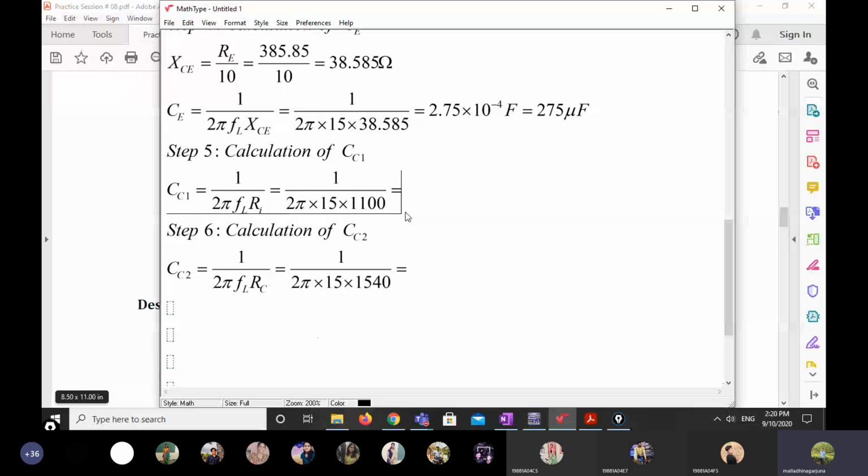CC1 and CC2. 8.9 into 10 to the power minus 6. CC1 is what? 8.9 into 10 to the power minus 6. No, sir, 9.6 micro. CC1 is 9.6 micro.